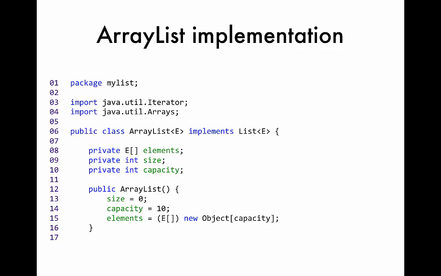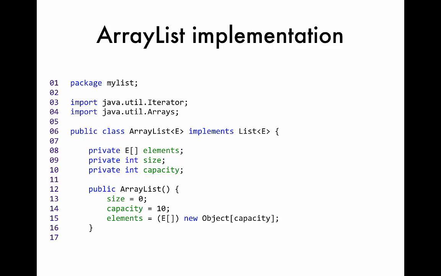Next, we have a size variable. The size variable is always going to tell us how many elements are in the list. Not in the array, in the list. The capacity variable, on the other hand, will always tell us the length of the array.